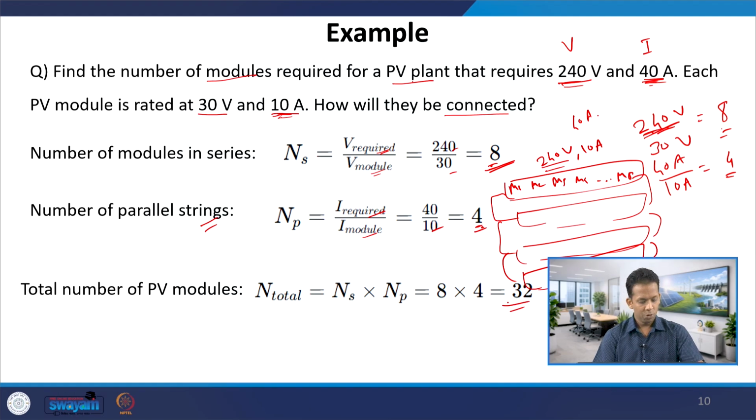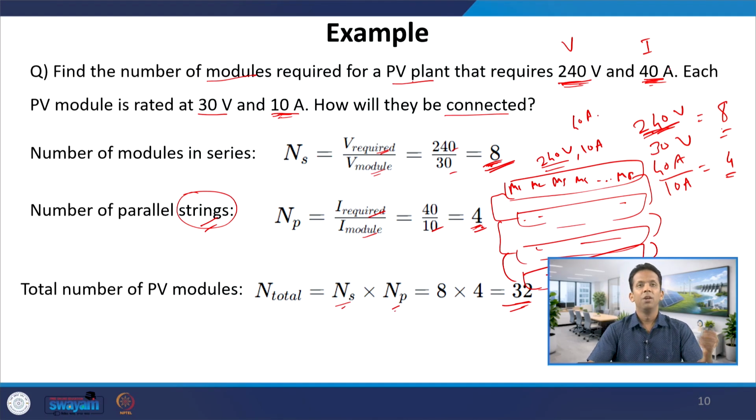Understood? So, for the total number of PV modules, in parallel it is not modules, it is the strings that we are talking about. So, one string consists of 8 modules, and 4 strings consist of 32 modules. Here you can see it will be repeated, 8 modules in 4 rows, and they will be able to give you 240 volt and 40 ampere.